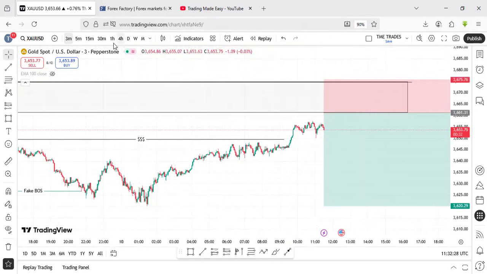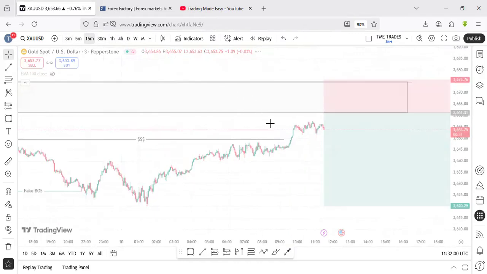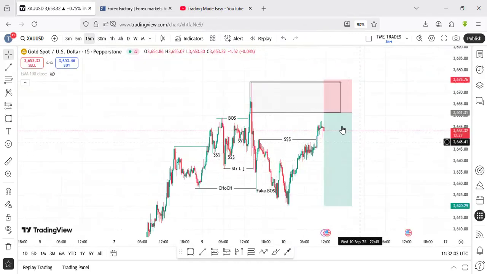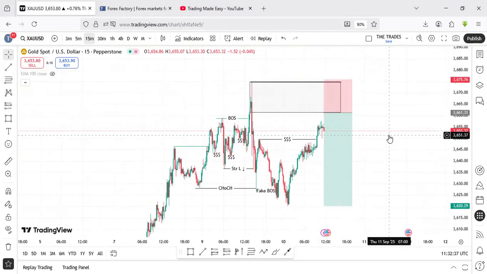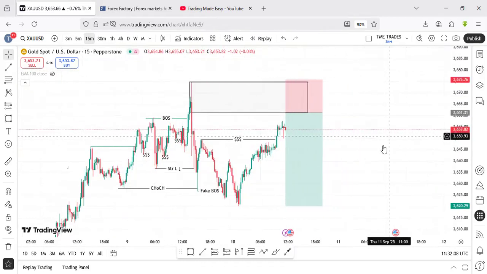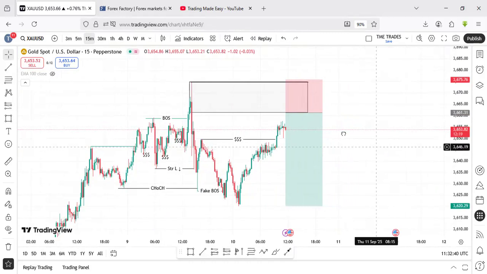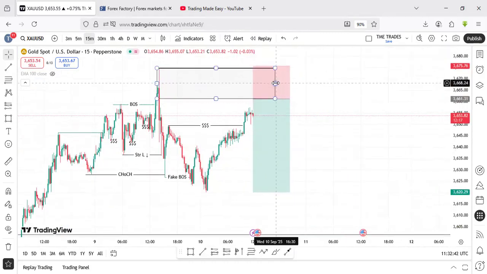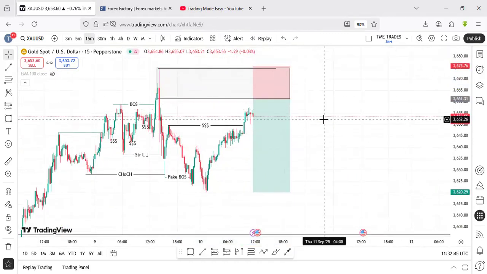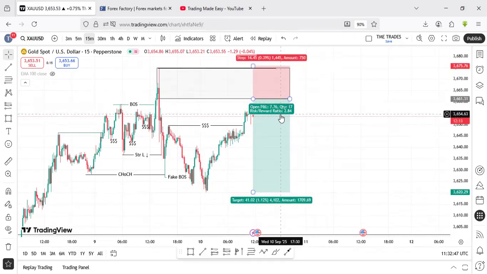Because in markets, everything is possible. The market can even decide to come here, break this, and continue going to the upside. That doesn't mean that you are wrong, but I want you to have that in mind. So expect gold to play out like this, and this is a very good risk reward ratio.